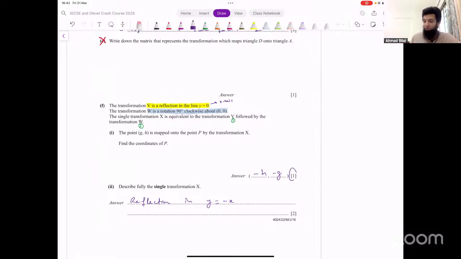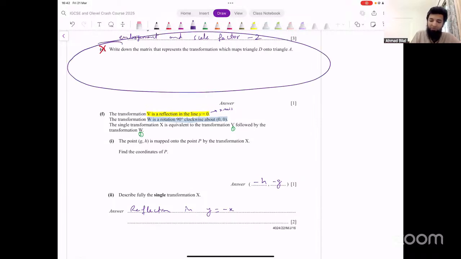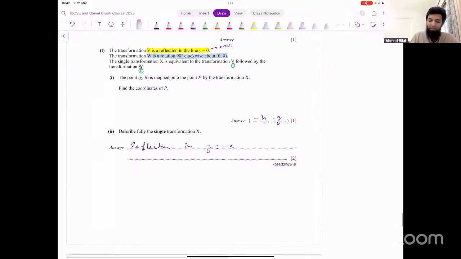That's why it's only 1 mark and 2 marks, although it required a lot of effort from our side. Now, if it comes without the matrix part, so if they had not asked us for this part E earlier, and we had to do it directly, then this would carry more marks because it requires more thinking in this case. Now, without matrix, it becomes quite tricky.